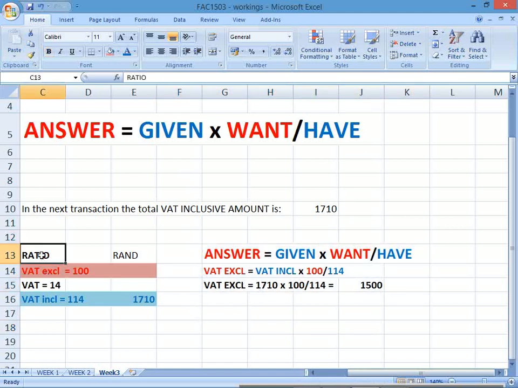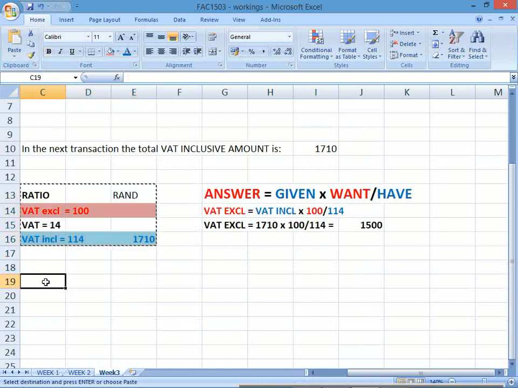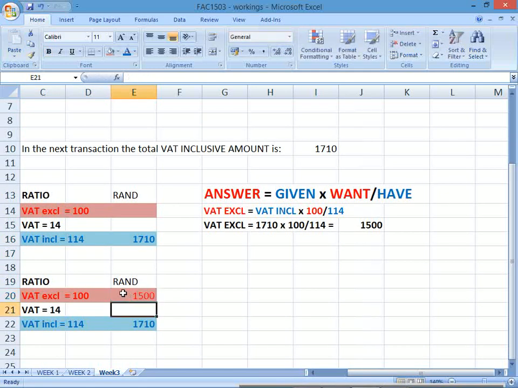Once I have the VAT exclusive and I know what the VAT inclusive is, is it easy to get the VAT? Yes, it's subtraction. I just take this and I minus that and I get that answer.